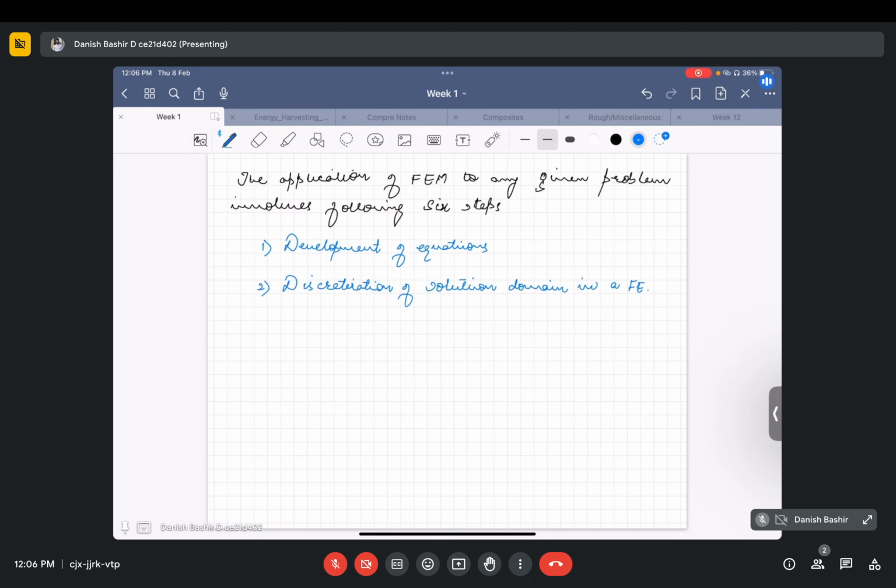We call it meshing. Okay, I will make you understand what it is. First, I will write all the 6 steps, and then once we obtain the element equations for all the elements, we combine or assemble them, which we know as assembly of element equations.